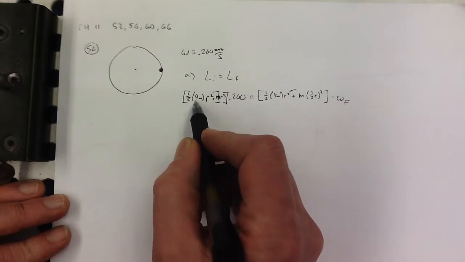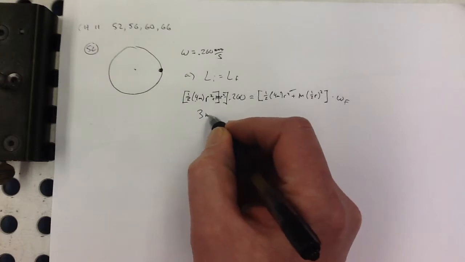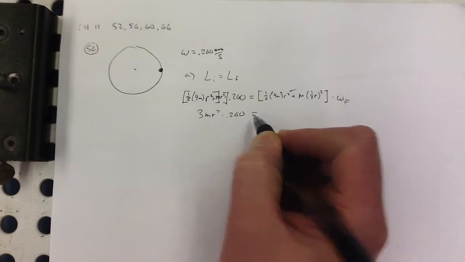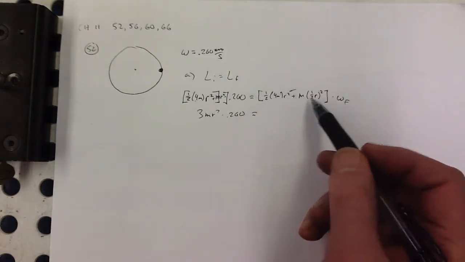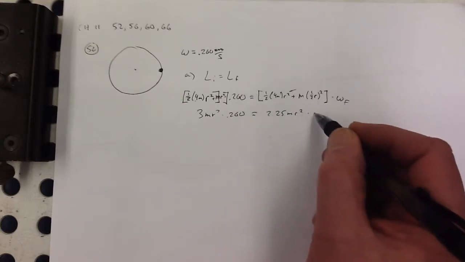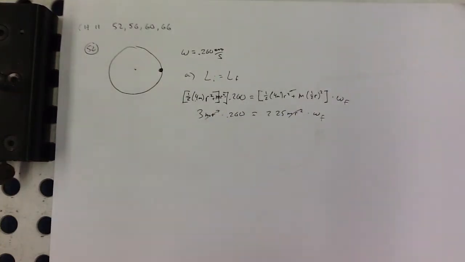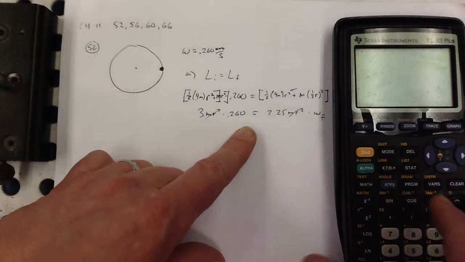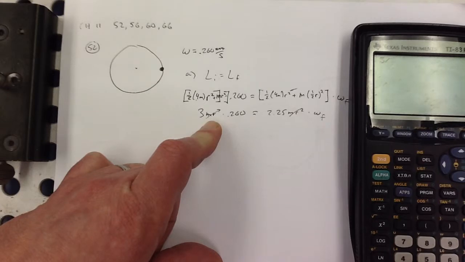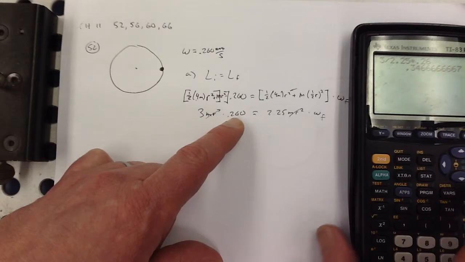Half of 4 is 2, so 2 m r squared plus m r squared, that's 3 m r squared times 0.260 is equal to 2 m r squared plus 1/4 of an m r squared, 2.25 m r squared, times the final angular velocity. So it will increase, we know that, by a factor of 3 over 2.25 times the original: 0.347.